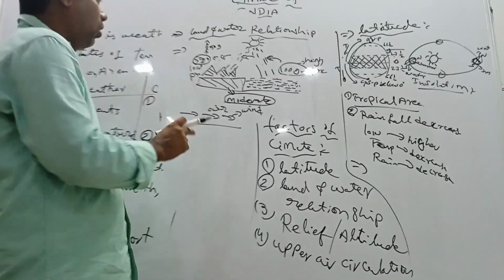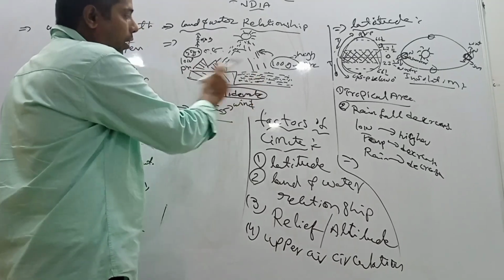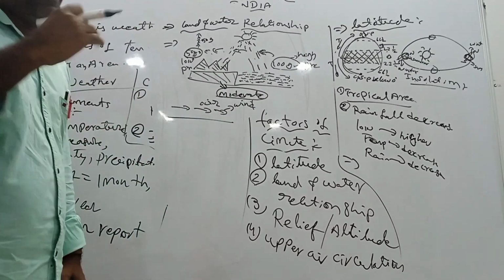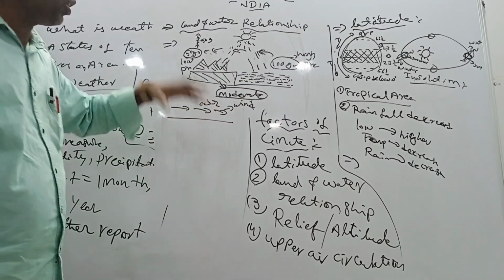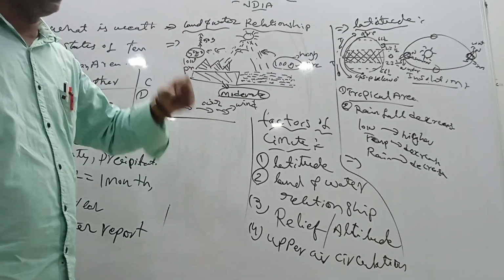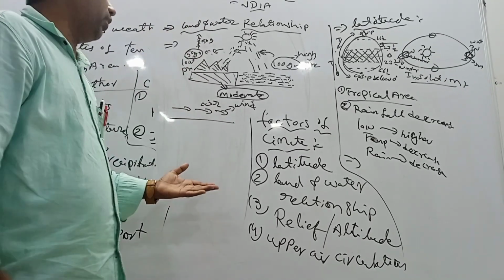Okay, children. So land and water are also one of the influencing factors to decide climate. Some areas far from the seashore record more temperature in summer, and the temperature suddenly falls in night time and in the winter season.